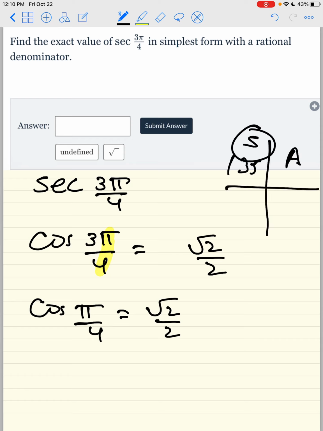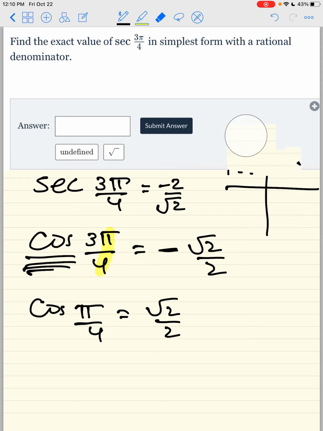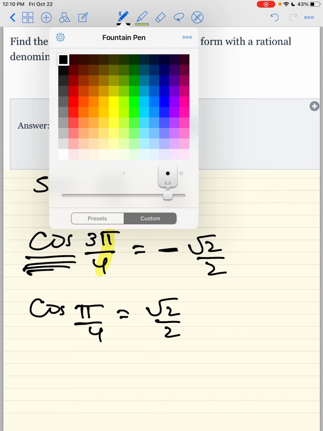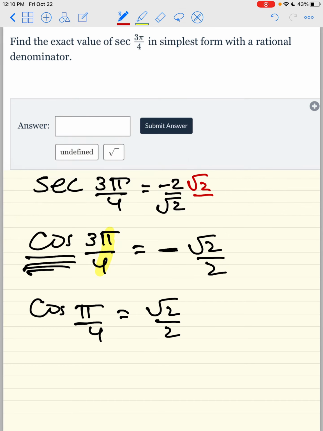All students, only sine is positive. So that's negative. Now you're going to just flip your answer over. Once you flip your answer over, you're going to multiply by the square root. Radical 2 times radical 2 is just 2. These cross off, and so your final answer is negative square root of 2.